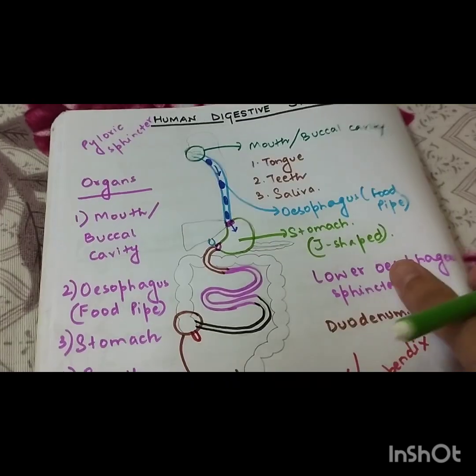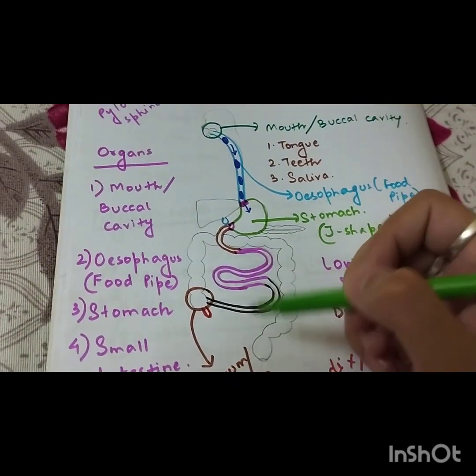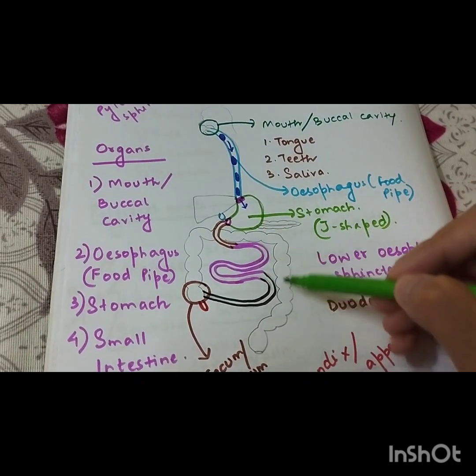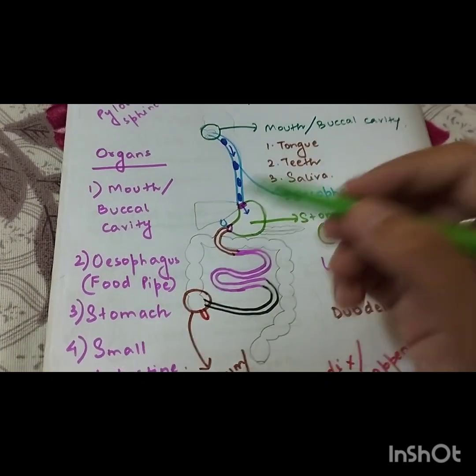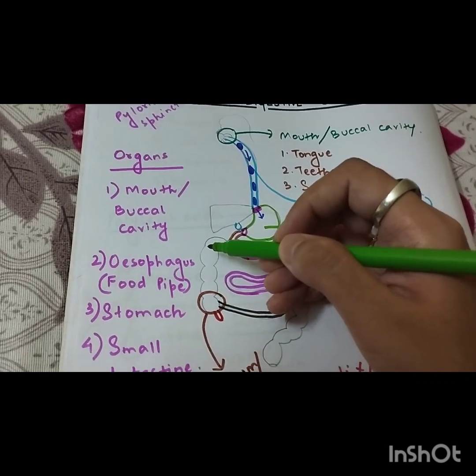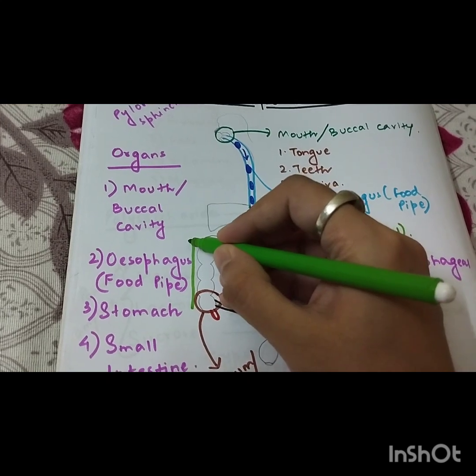When we are talking about the large intestine, you can see there are four parts: 1, 2, 3, 4. When the part goes upwards in the body, this is known as the ascending colon.